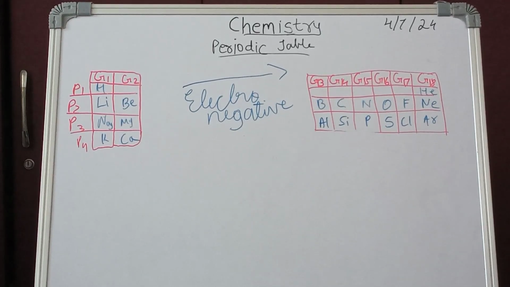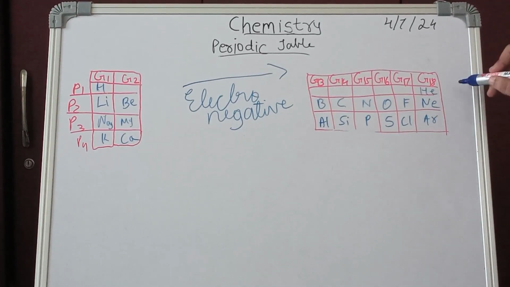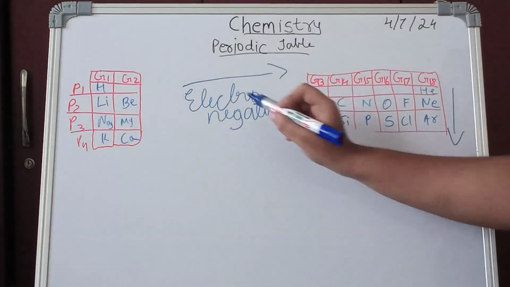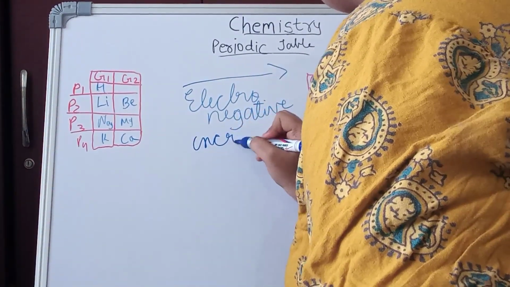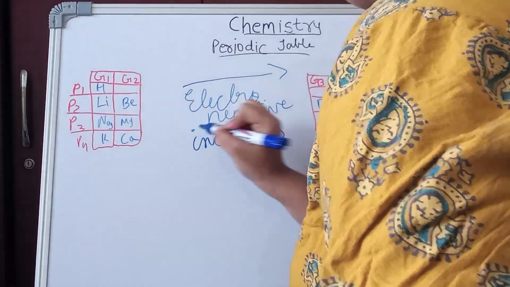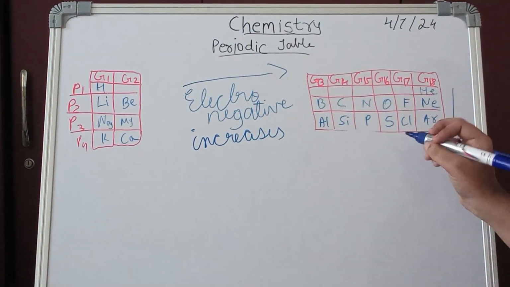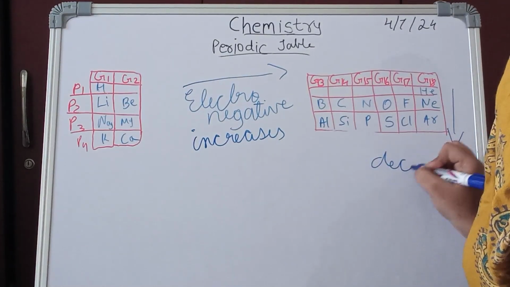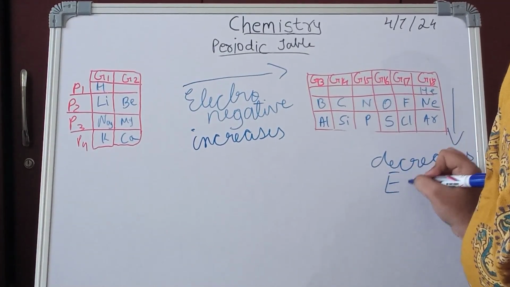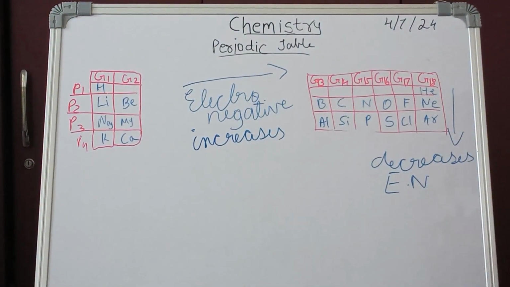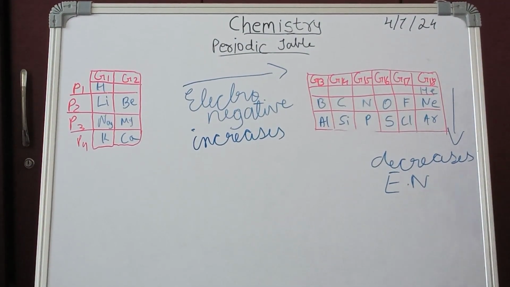And if I have to say from top to bottom, electronegativity decreases. So from here to here it increases, but from up to down it decreases. Which one? Electronegativity. Short form I have written EN. So why?